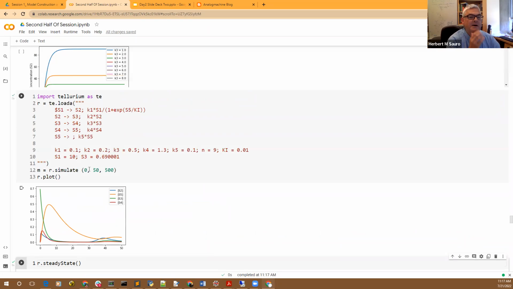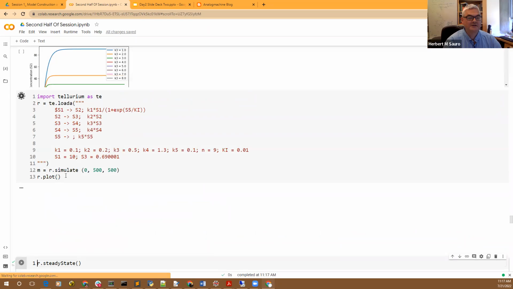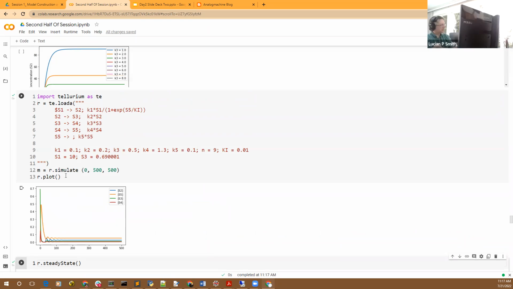There's a little bit of a bump. Interesting. It's trying. There's a damped oscillation there. It's not amplifying enough.